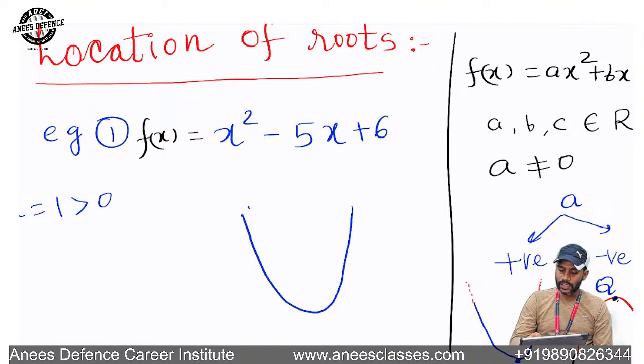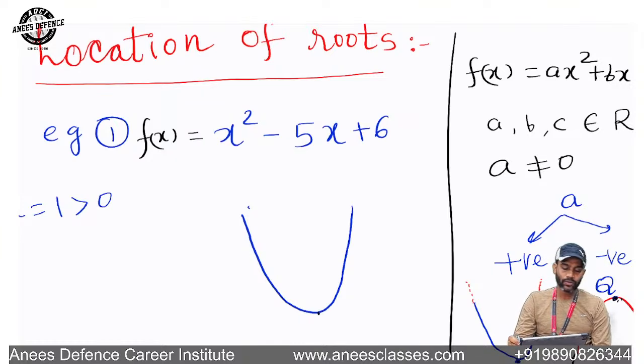The coordinates of this particular point, P or Q, whatever it is, for the graph of ax square plus bx plus c, where a, b, c are real numbers and a is not equal to 0, will remain the same for every quadratic function.